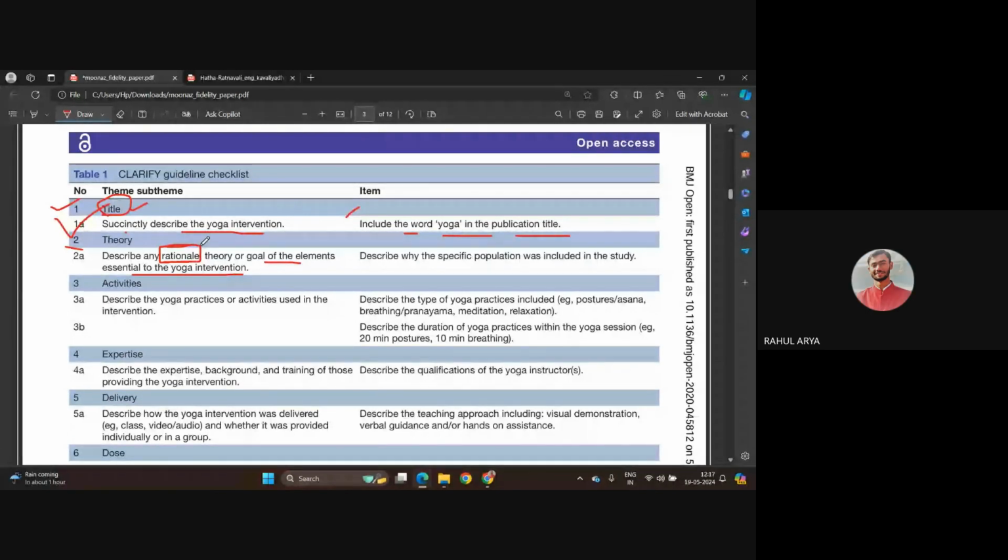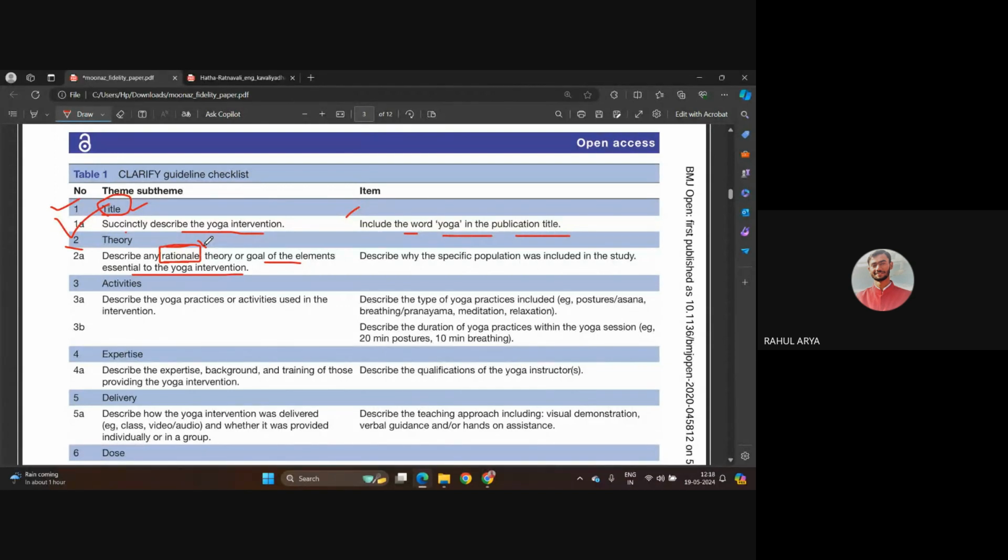Justification. Yes, sir. Rational means the justification, and mainly we prefer to justify the population. For example, Lakshmi ji wants to study in the sickle cell area, a kind of blood-related disease.